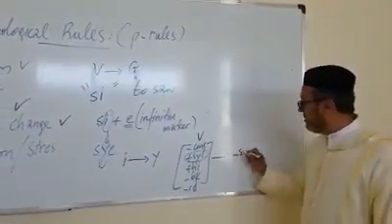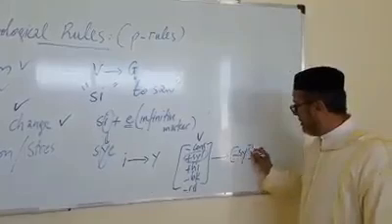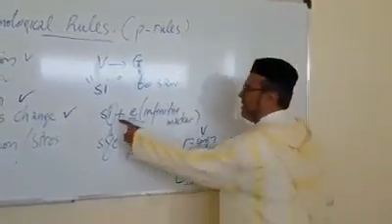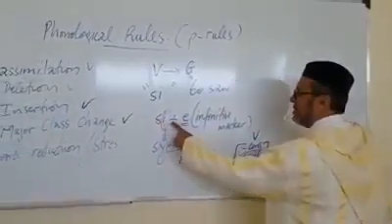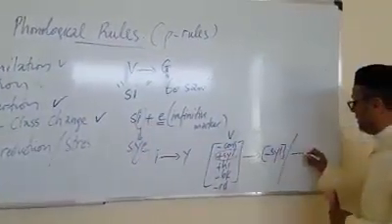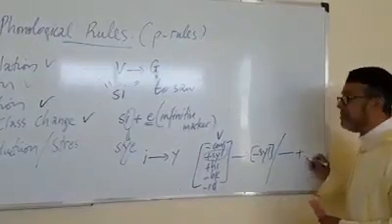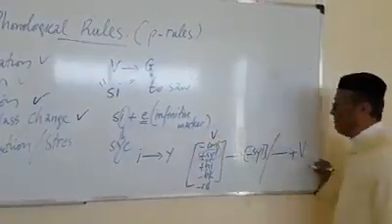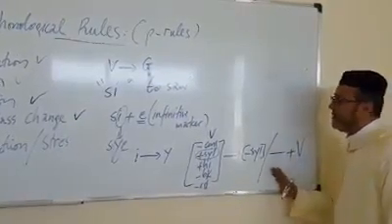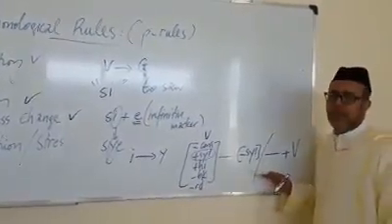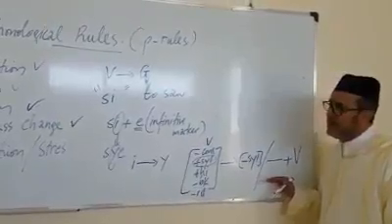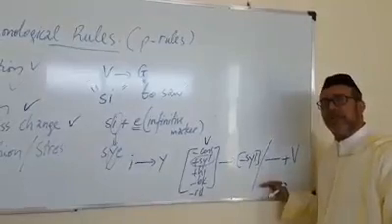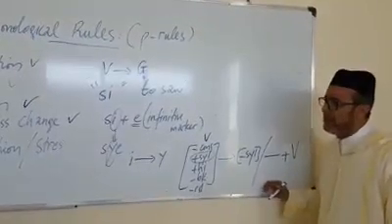So this has become minus syllabic. The context here: it's followed by a morpheme boundary and a vowel. And this is a formal rule notation for representing major class change.